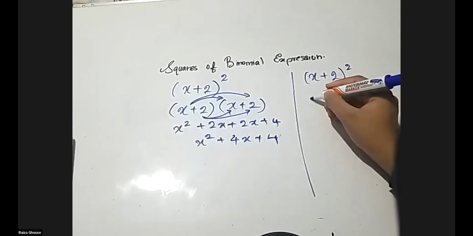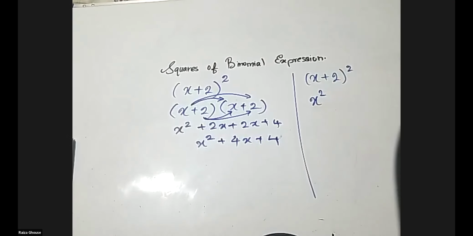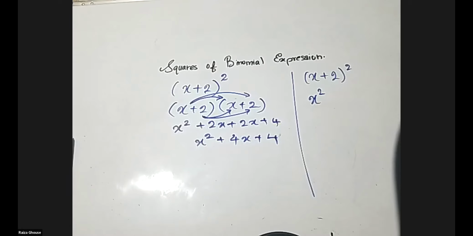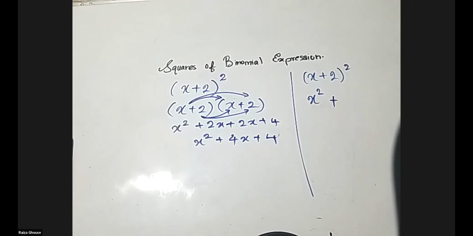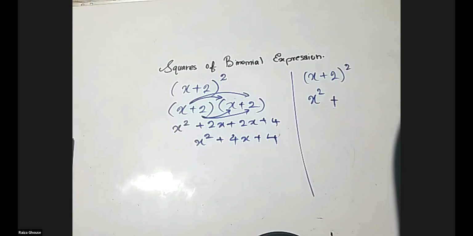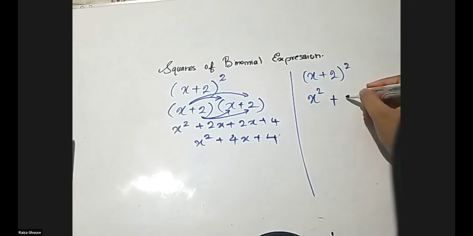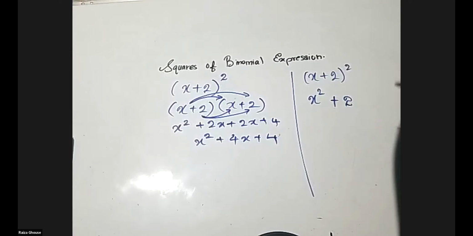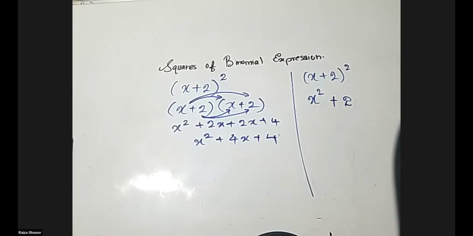First term, square of the first term. What is it? Square of the first term. Plus, you have to take twice the product of the first and the second term. What did I say? Twice means 2 times. Product means multiplication.